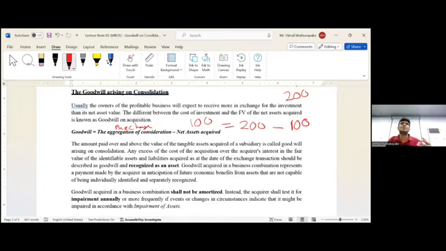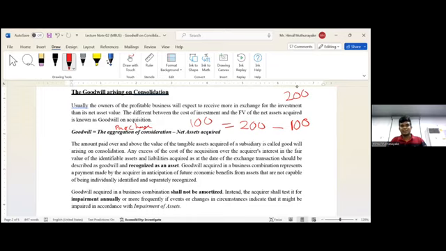Goodwill arises because of some of the things we have discussed, like the brand name, the customer base, the skills of the employees, intellectual capital, the location. We call this externally generated goodwill.